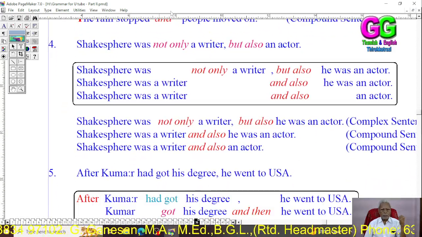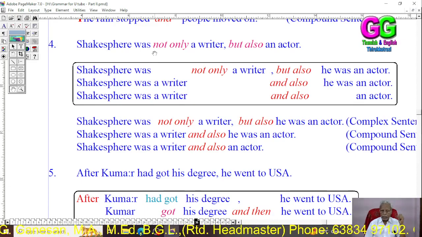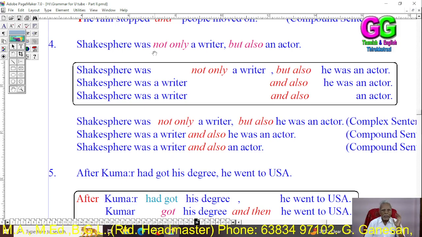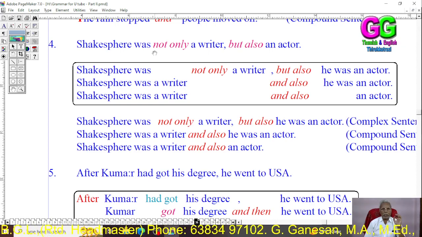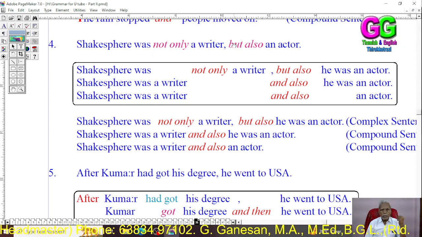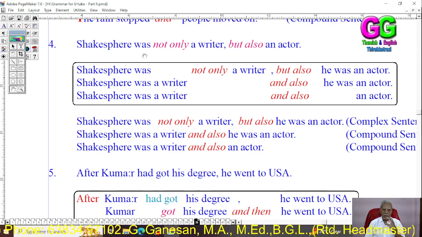Fourth one, Shakespeare was not only a writer but also an actor. See, the not only and but also are complex conjunctions.